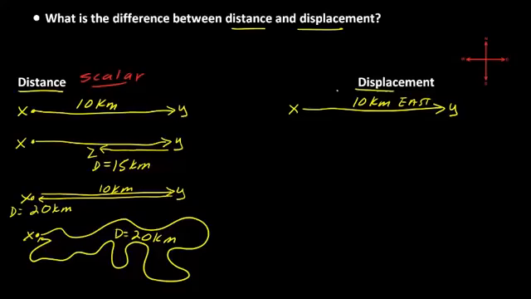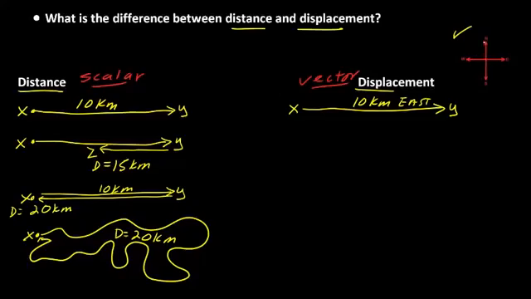Displacement, unlike distance, is a vector measurement. And that's important. It is a vector measurement because it not only includes a quantity and a unit of measurement, but it also includes a direction, in this case east. You'll notice over here I have a small compass rose.